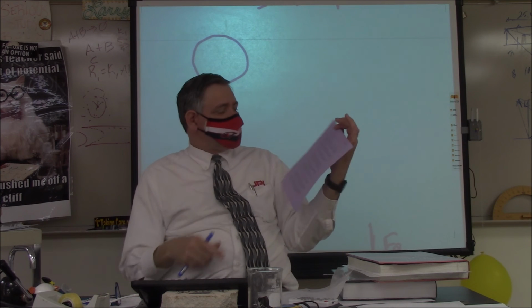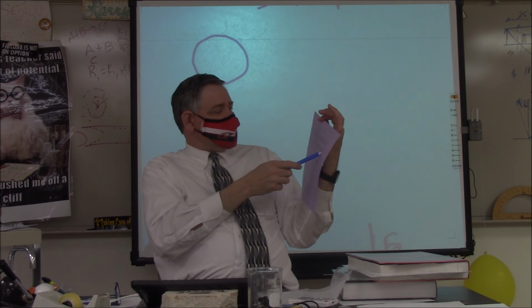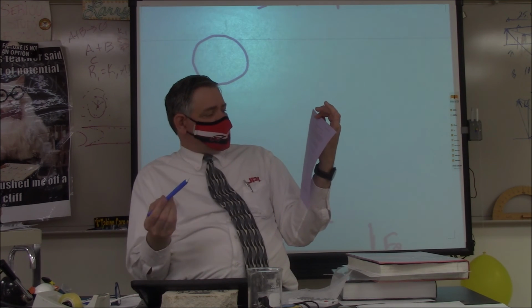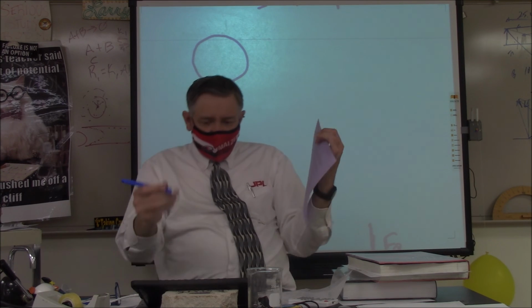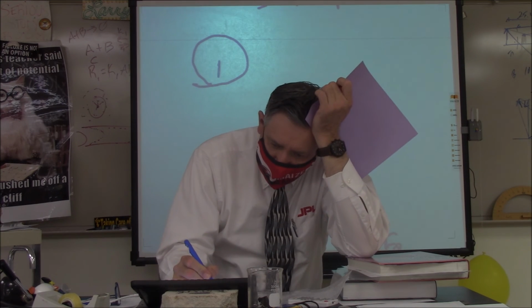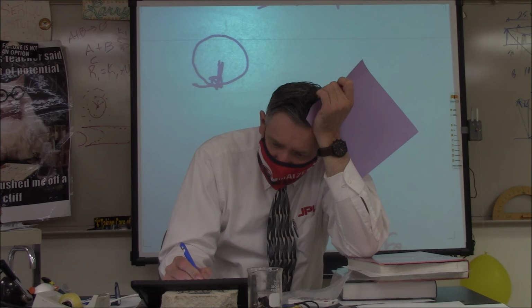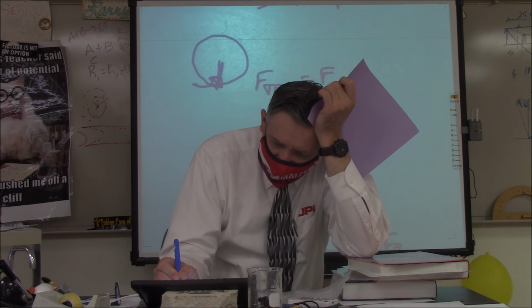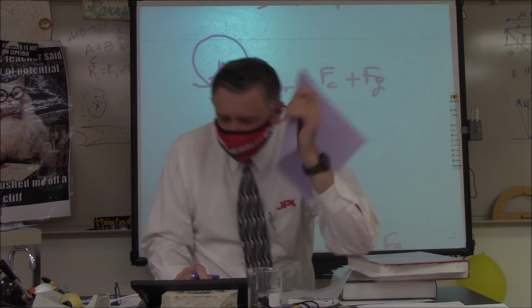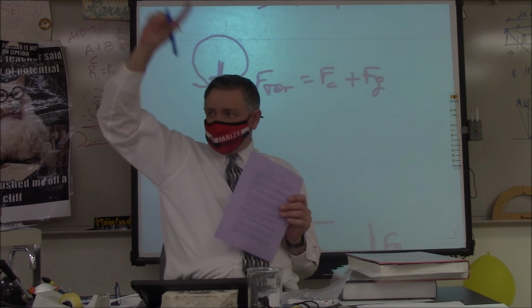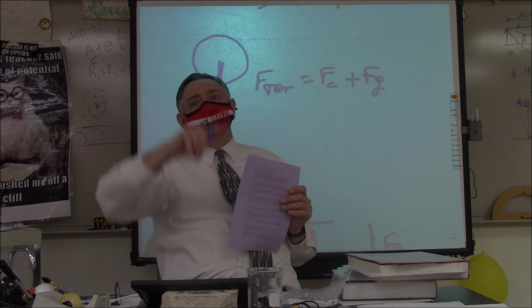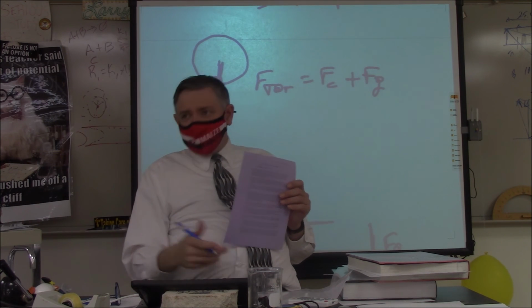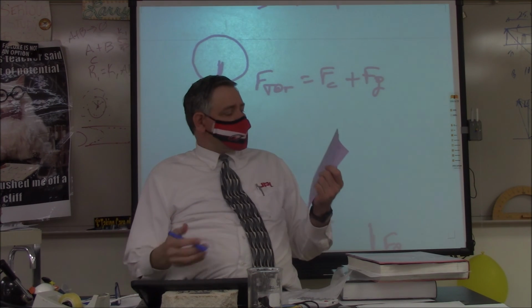So what value does the scale read when the mass is moving at 4 meters per second at the lowest point? You're going to go force total equals force centripetal plus Fg. So you take your centripetal force, add that to your gravitational force, and you should get a big number.